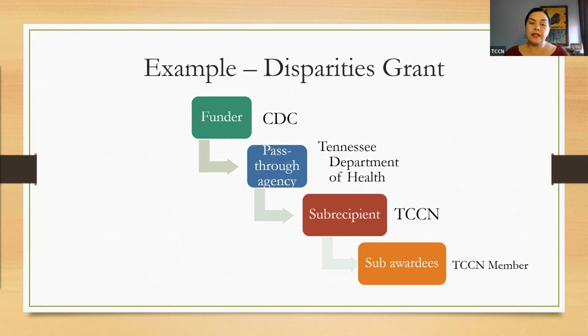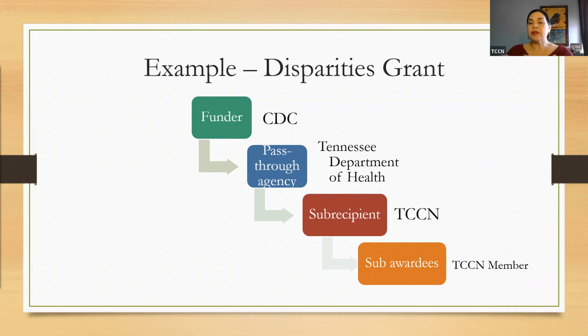The pass-through entity or agency is the Tennessee Department of Health. By a semi-competitive process, TCCN was awarded funding, almost $4 million for 2 years. Then we became the subrecipient of that bucket of funding that the Tennessee Department of Health received.